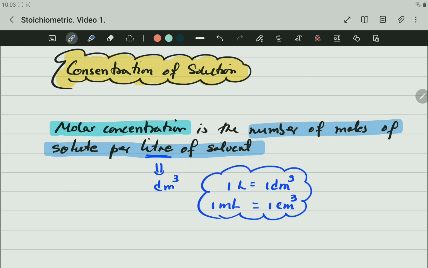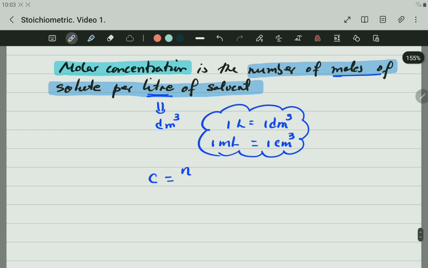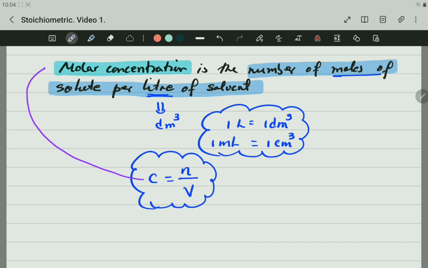All right, so that is the unit we're going to be using now. The definition is just the formula for concentration. The symbol for concentration is C, and this is equal to the number of moles per volume of solvent. So this here is the formula of concentration and is also the definition. C stands for molar concentration.